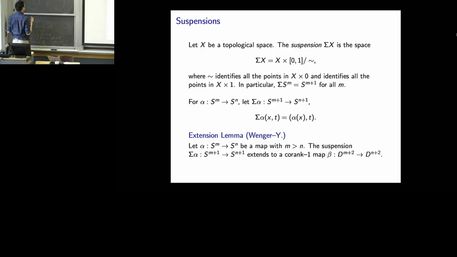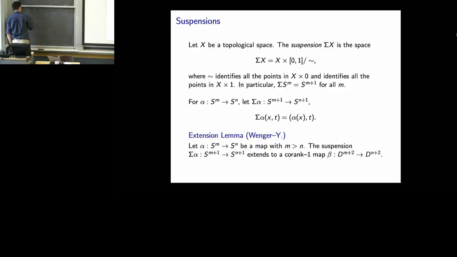And that's easy to construct because we can give this cylindrical coordinates: a radius, an angle, and a height.